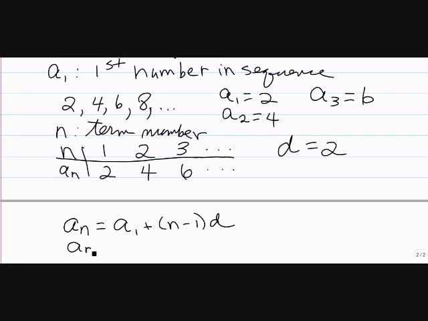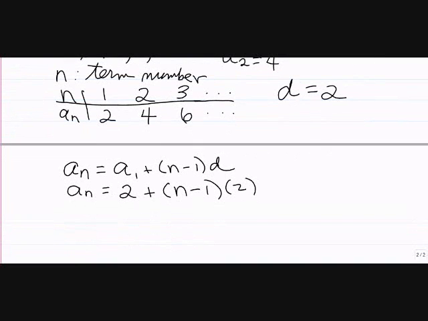So to get the sequence 2, 4, 6, 8, 10, 12, 14, 16, 18, the first number in my sequence is 2 plus n minus 1, and my common difference is 2. Okay. What is the 16th number in the sequence?